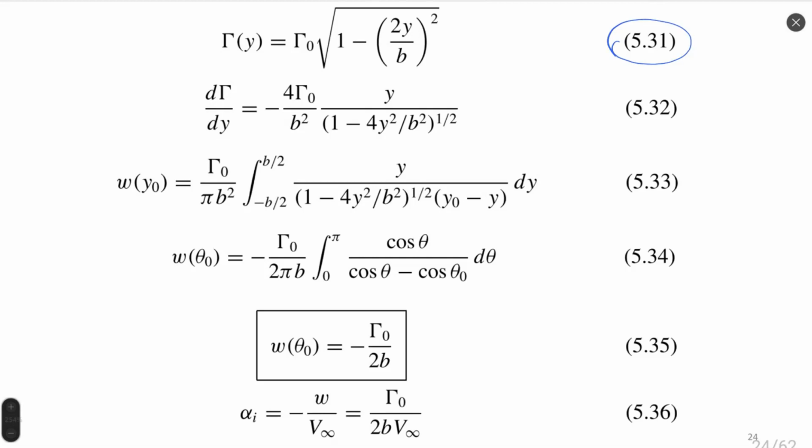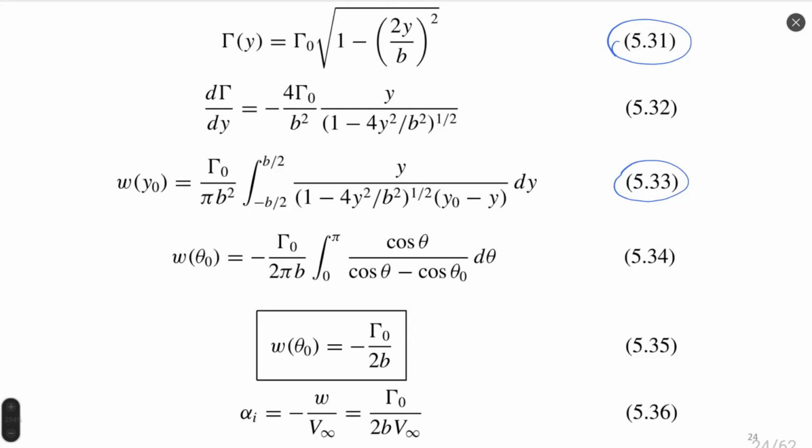And then equation 33 in Cartesian coordinates is transformed to polar coordinates and solved. Such an integral of equation 34 can be found analytically.